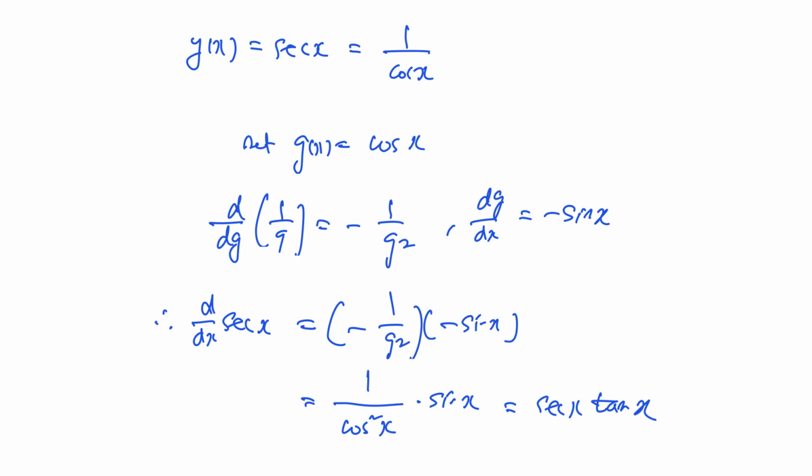On the other hand, for y equal tangent x, which is sine x divided by cosine x, which is the same as sine x times secant x.